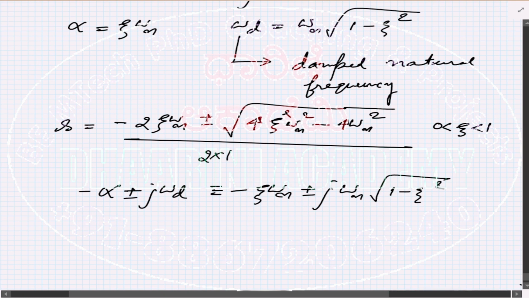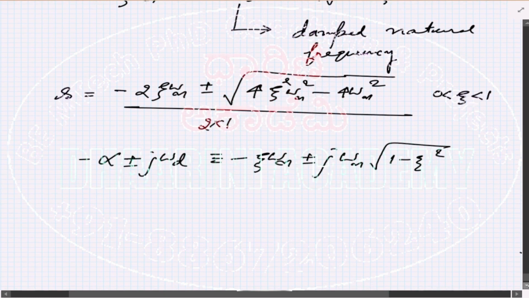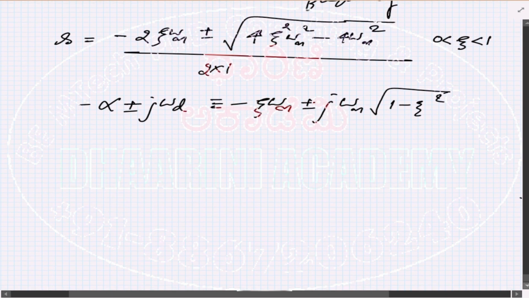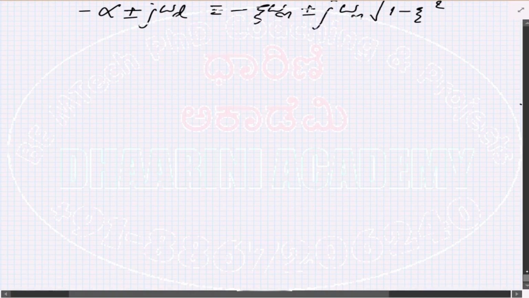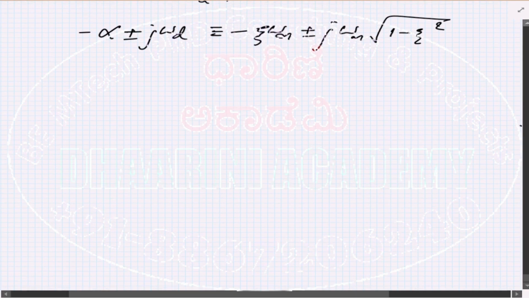Now let's look at exactly what is happening to the poles of this system when we vary the zeta value, because zeta is a damping ratio, and omega n is fixed for a given system. Omega n is its response, whatever is the natural frequency.